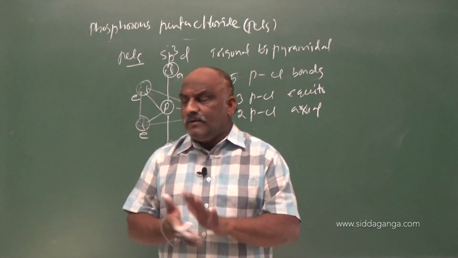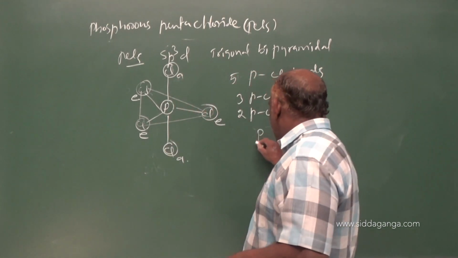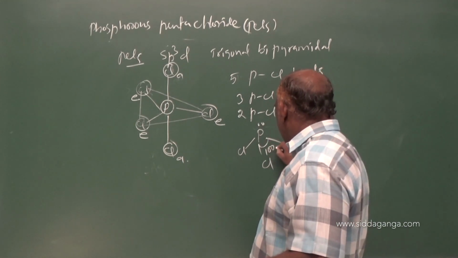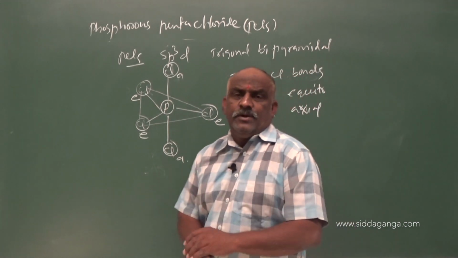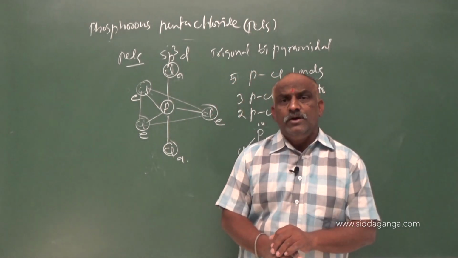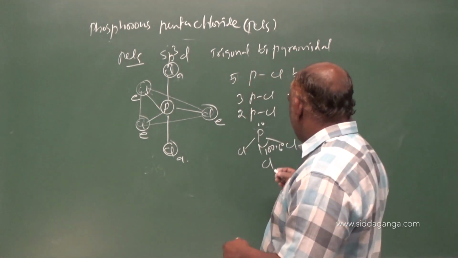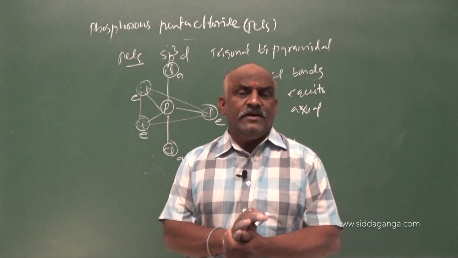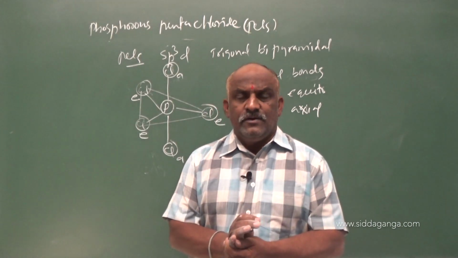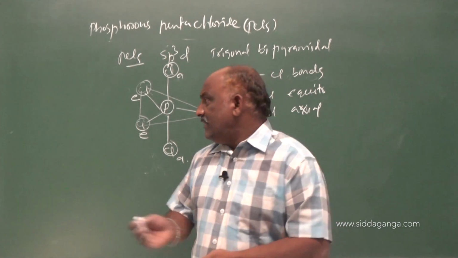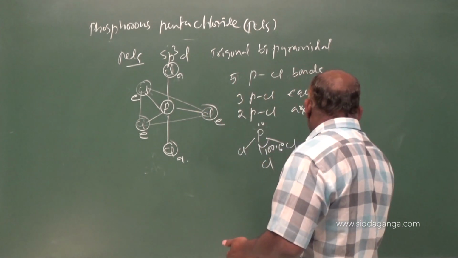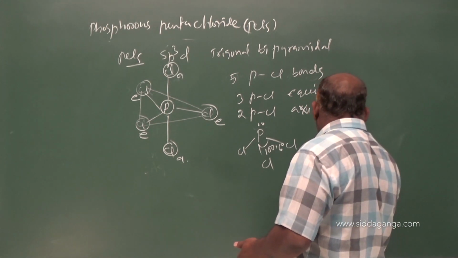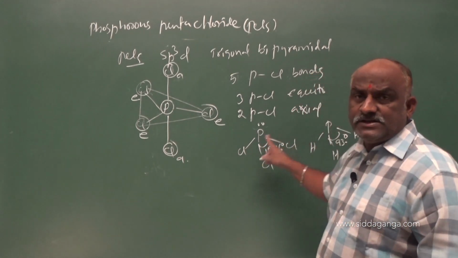Clear it is. Going to PCl3, we already know PCl3 has a pyramidal structure, with bond angle nearly 100.6 degrees, 3 bond pairs with 1 lone pair. Going to PH3, phosphine, which we discussed in the previous class, the bond angle is 93 degrees, and it is also a pyramidal structure. What is the difference between PH3 and PCl3?